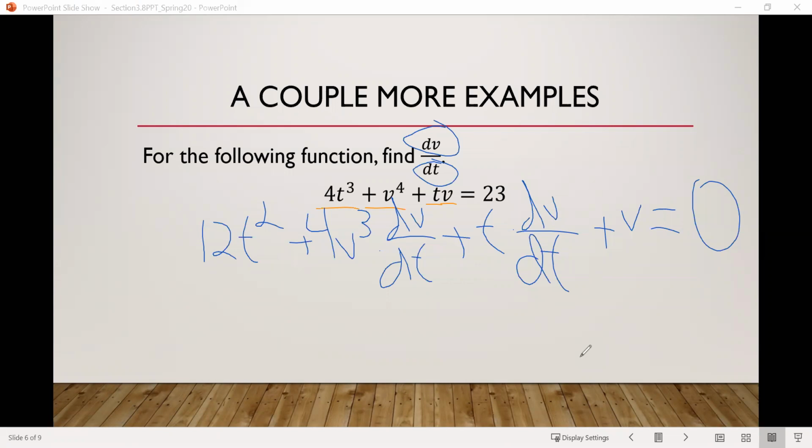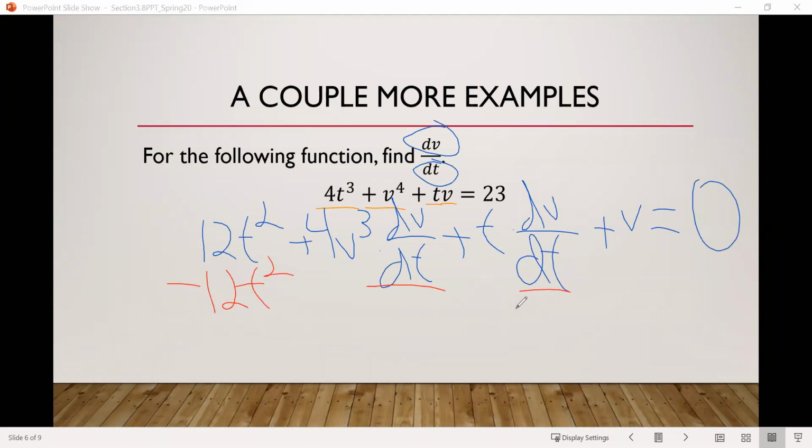Okay, so look at this fun thing we have here. So right now we have 12t squared plus 4v cubed dv dt plus t times dv dt plus v equals 0. And now we need to still find dv dt, which means we need to isolate the dv dt, right? Notice we have two terms with dv dt in them. So what we'll start by doing is moving the ones that don't have dv dt to the other side.